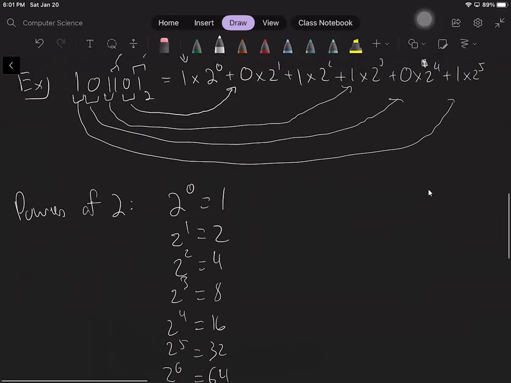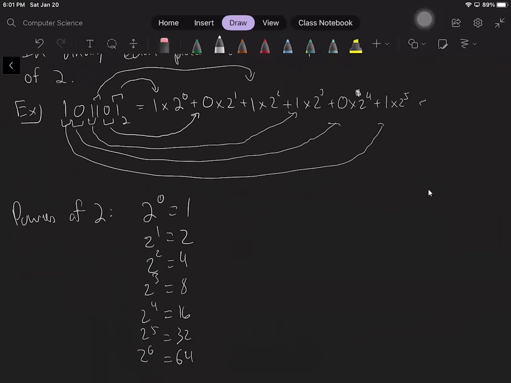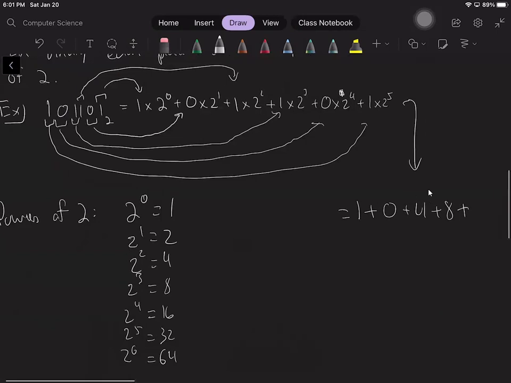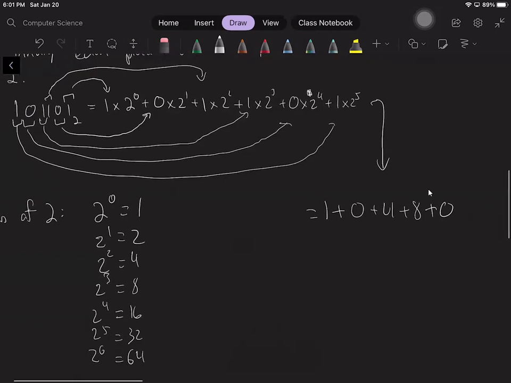So this number in binary right here, the other way to think about it is it's saying you have a 1, you don't have a 2, but you do have a 4, and you have an 8. You don't have a 16, and you do have a 32. You're just adding up the powers of 2 that correspond to the right digits. Once you finish adding this up, that's the number in decimal. So this would be 35 in base 10.